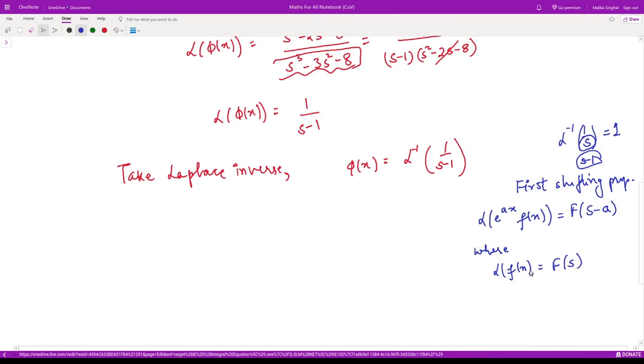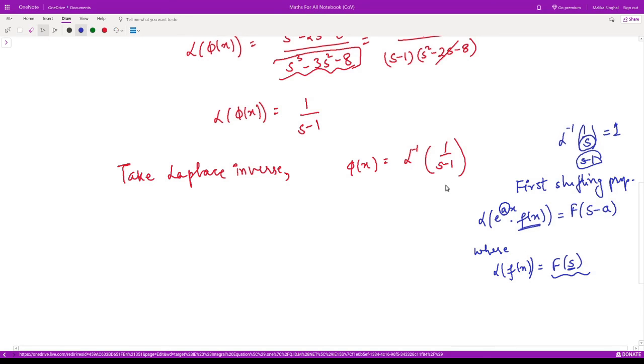That means you first calculate the Laplace of the function, call that capital F of s, right? And then you just replace that s with s minus a, where a is the coefficient of x in e to the power ax, right?